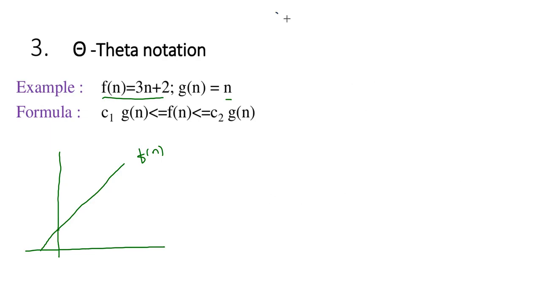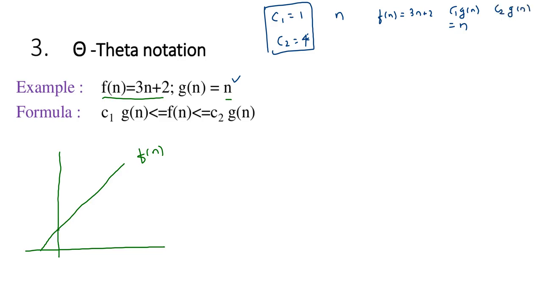Let's take c1 equal to 1 and c2 equal to 4, and g of n is n. So now we will make our table: n, f of n which is 3n plus 2, then c1 into g of n which is n, and c2 into g of n which is 4 into n. Let's calculate these values now.